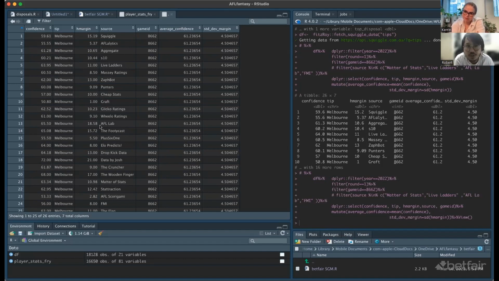How I like to do it is I hop on the Monash probabilistic tipping comp, and they ask you for a mean and a standard deviation. So I take the standard deviation from all the Squiggle tipsters, and the mean prediction from there, and kind of cheat my way instead of working it out myself.